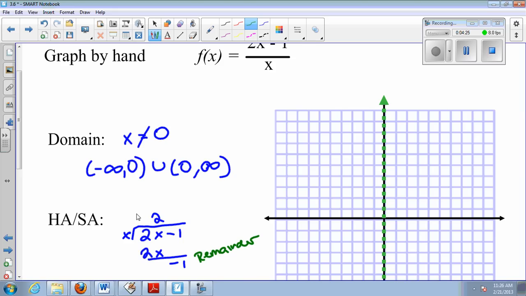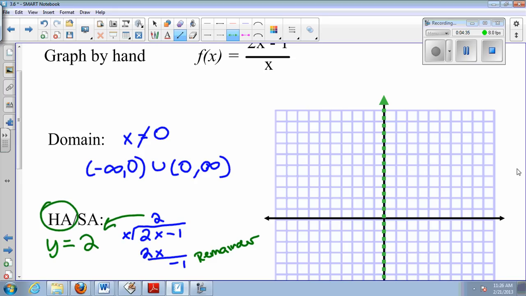So our horizontal asymptote occurs at y equals 2. So we go to where y equals 2 and put a dashed line through it. So now we have our horizontal asymptotes.